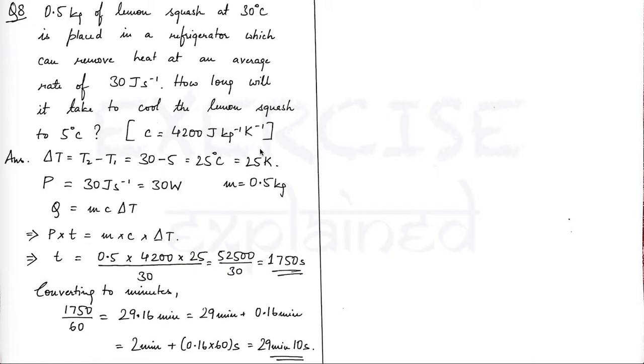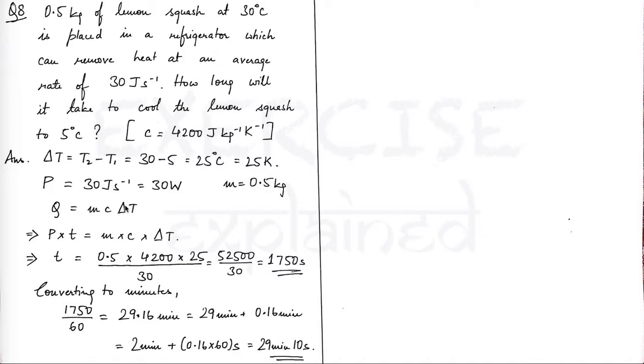If you want to understand why Celsius is equal to Kelvin, you can see the previous video of calorimetry exercise 11A. Power is 30 joule per second, which is 30 watt, as I told you before. Mass is 0.5 kg.